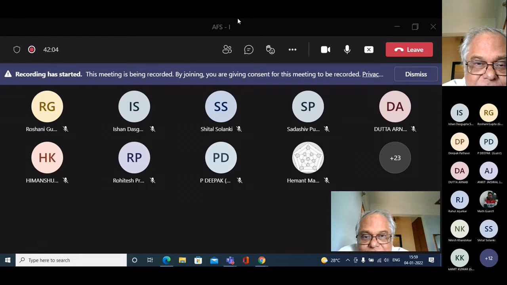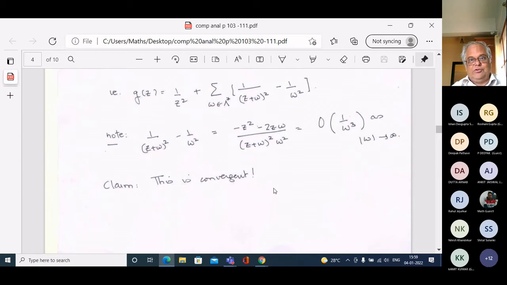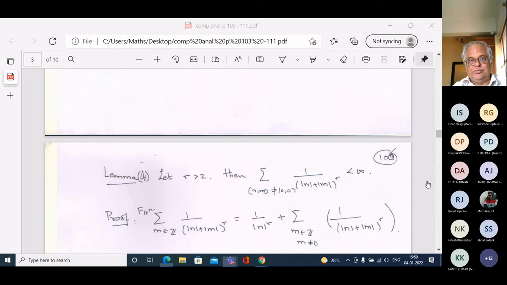Okay? So this is the statement that you expect to be true. As the dimensions go on increasing, these things should go on increasing. So that is the next thing we want to do.